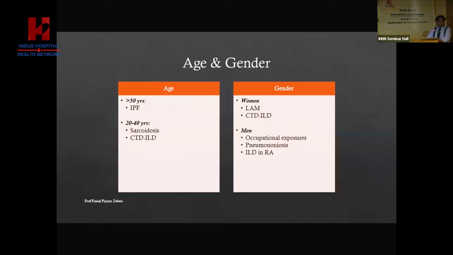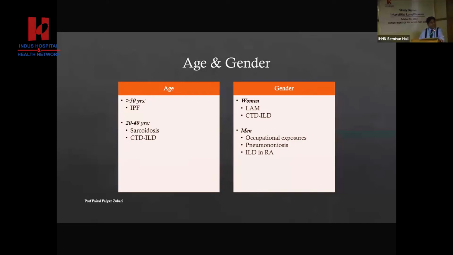A good clinician always starts with a good history. If the age is more than 50 years, that favors one of the classical prototype diseases, IPF. In middle age, 20 to 40 years, connective tissue ILD, which has already been emphasized by my previous speaker, along with sarcoidosis, for example.